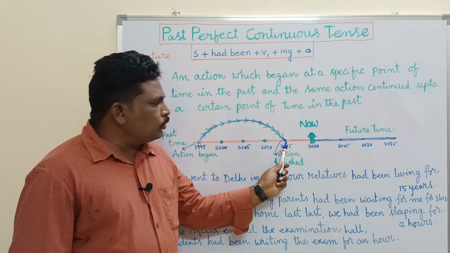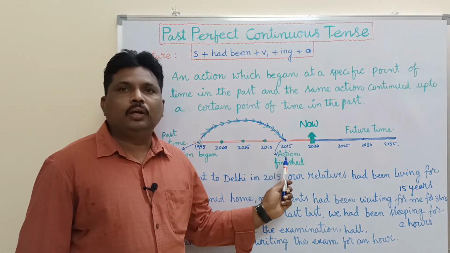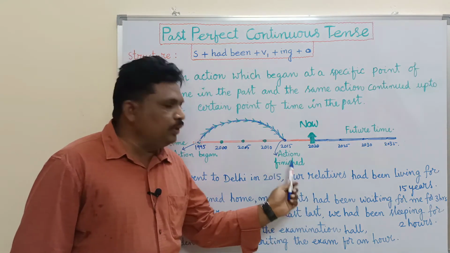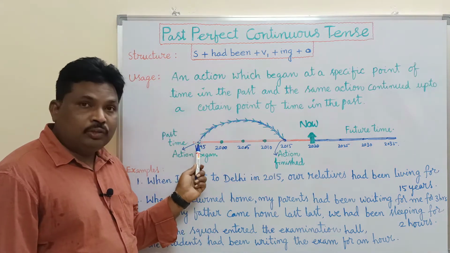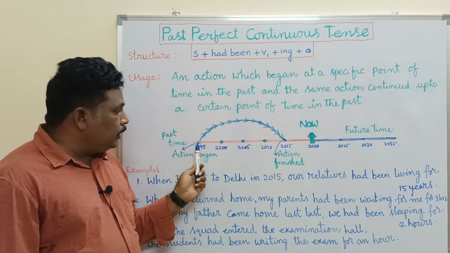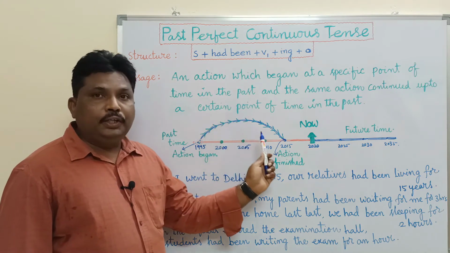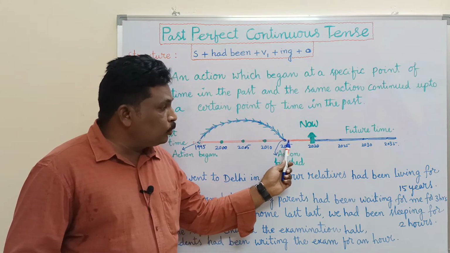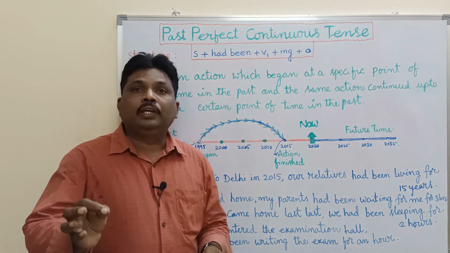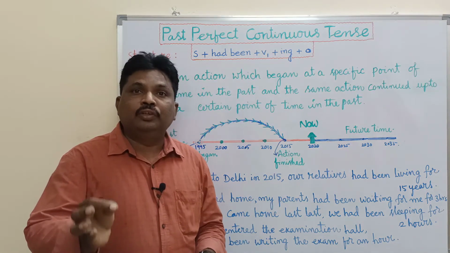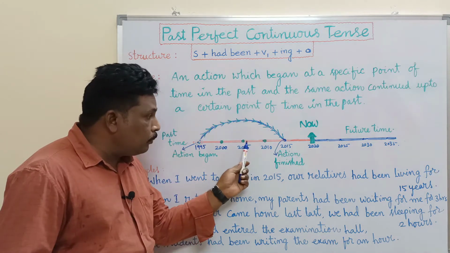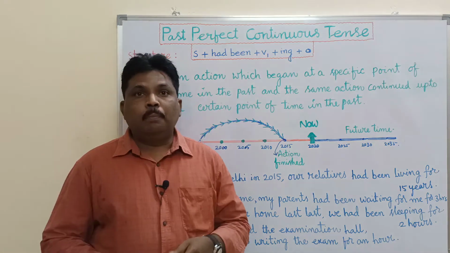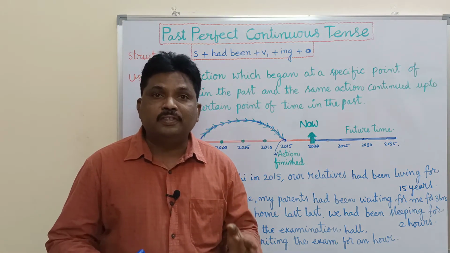In the year 2015 that action finished. So the action which was started in 1995 continued for some years. After some years, at this point in the year 2015, that action came to an end. That action finished. To talk about such action, past perfect continuous tense is used.